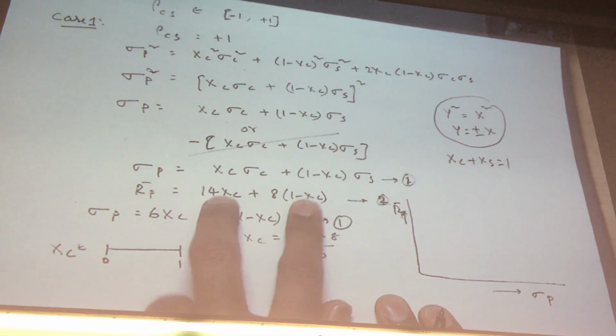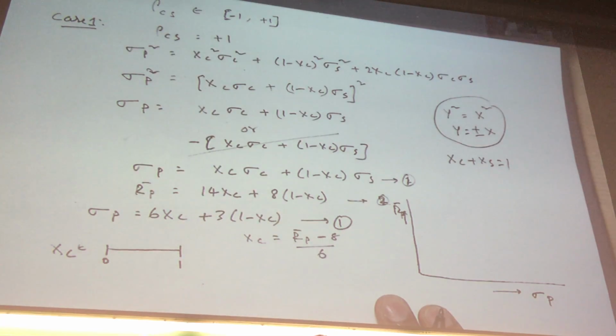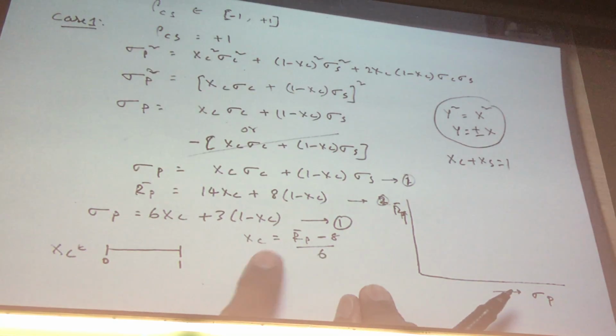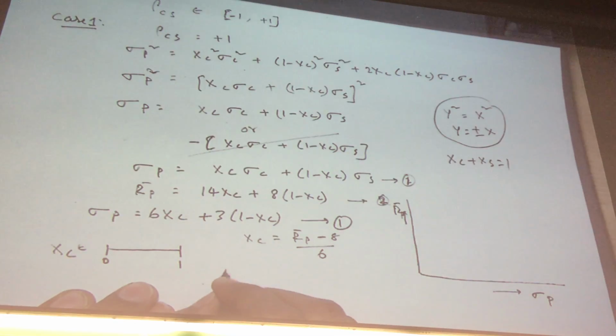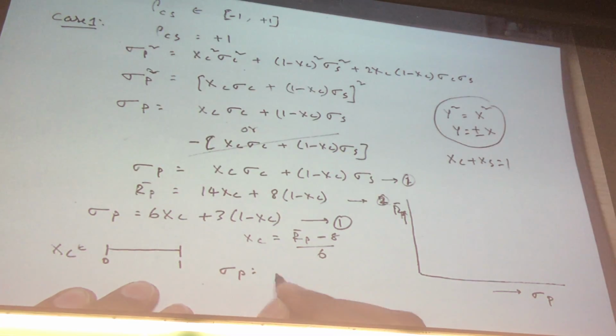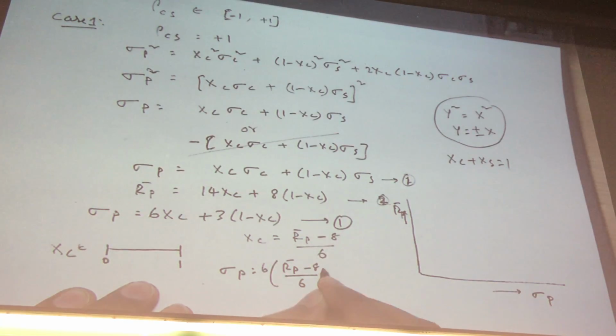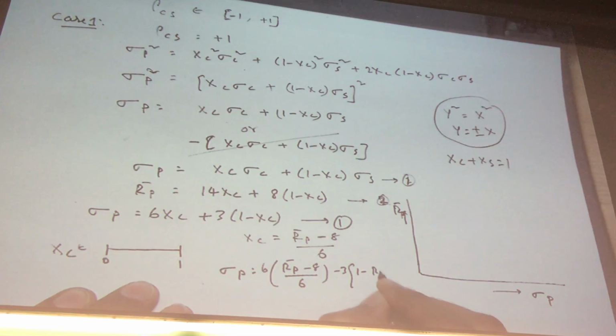I just rearranged the terms in the second equation. If I can isolate xc, this is what you get on the other side. Then I can substitute this xc in this sigma p, so I end up with the following equation: 6 times rp bar minus 8 upon 6, plus 3 times 1 minus rp bar minus 8 upon 6.